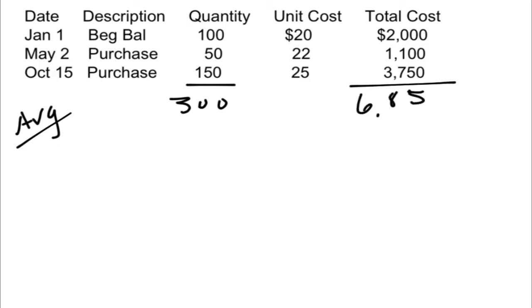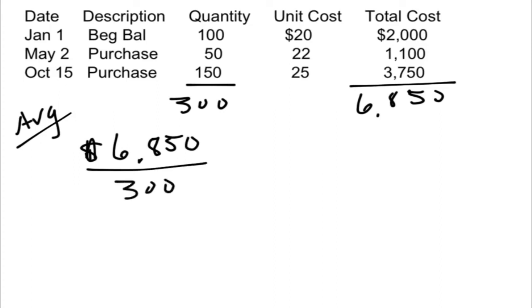So to get an average, I need to take the total dollars associated with all of the inventory that we had this year, divide it by the total units that that cost is associated with. And that'll give me an average cost per unit. So this comes up to a very messy figure. It's 22.8 with a lot of threes behind it. So I'm just going to put a couple of them for rounding purposes.